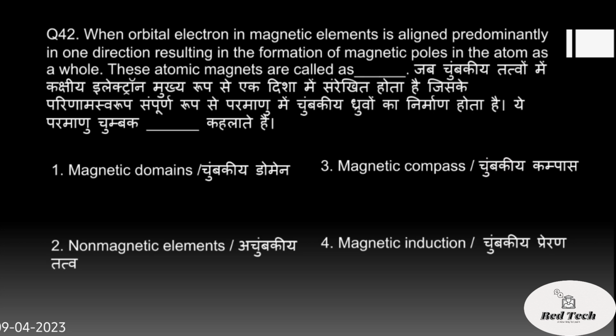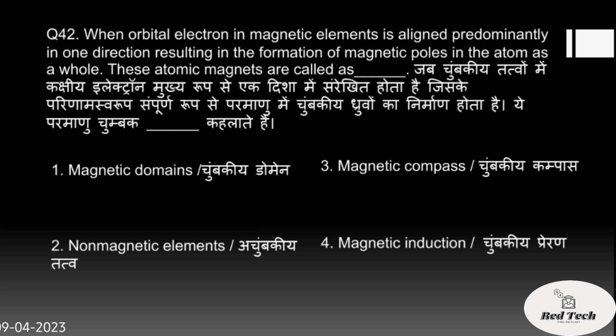Question number 42. When orbital electrons in a magnetic element are aligned predominantly in one direction, resulting in the formation of magnetic poles in the atom as a whole, these atomic magnets are called what? When we put the patient in a magnetic bore, the magnetic elements in the atoms of the body align along the magnetic poles, and the body behaves like a tiny magnet.